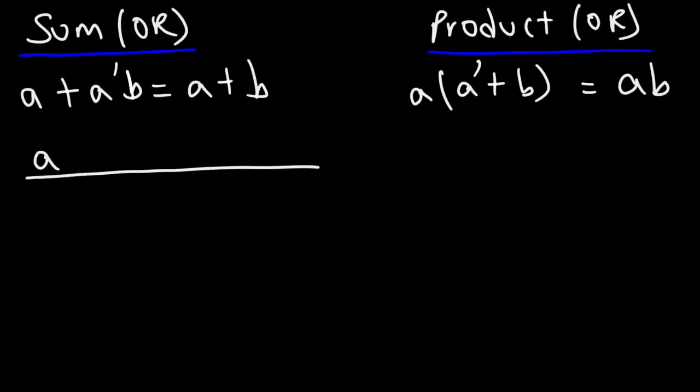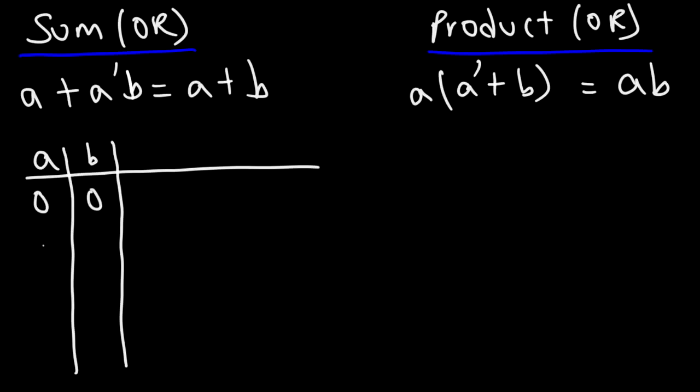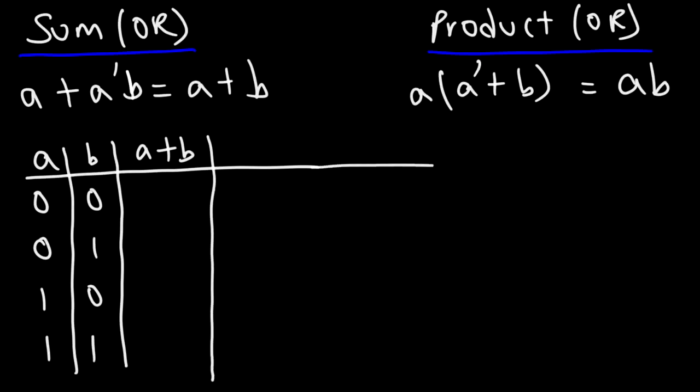So we have two variables, A and B, with two possible states, on or off, 1 or 0. So we have four combinations: 0 0, 0 1, 1 0, and 1 1. Now for the right side, it's A plus B. So let's put that in red.